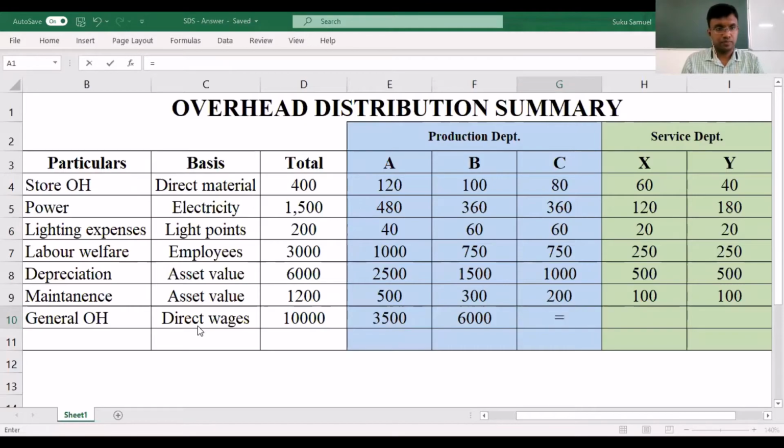Next one, 5,000 divided by 20,000 into 10,000, and then finally the last two direct wages, again here it is 1,000.